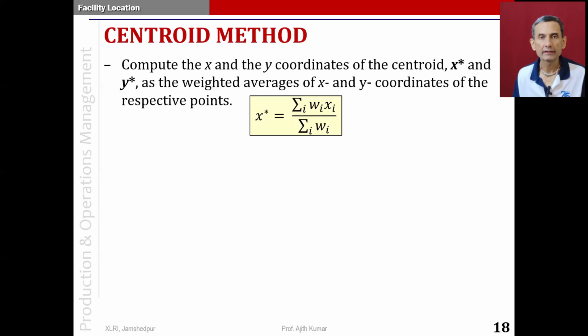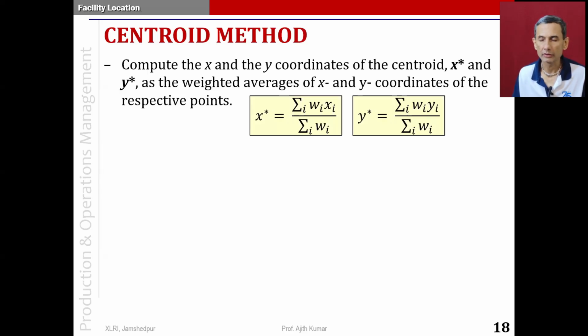So this is the weighted average of the X coordinates of the different customer locations. Exactly in the same way, we compute a weighted average of the Y coordinates of the customer locations to get the Y coordinate of the proposed warehouse. So the X star and the Y star that we computed in this manner are the proposed coordinates of the warehouse location.